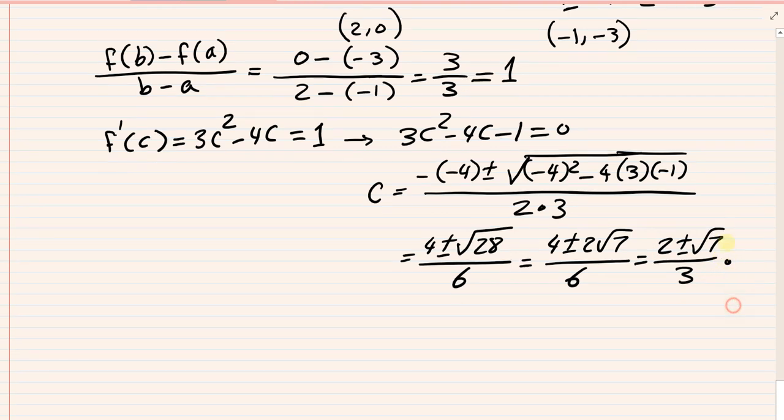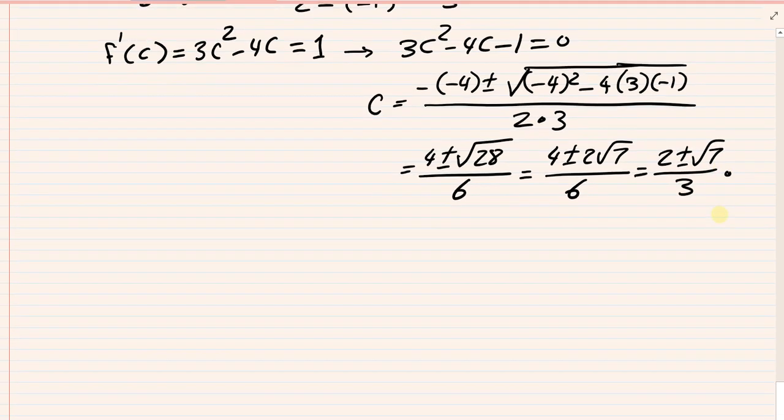Now both of these numbers, by the way, if I calculate what 2 plus root 7 over 3 is, one number is about 1.55, the other one is -0.22.